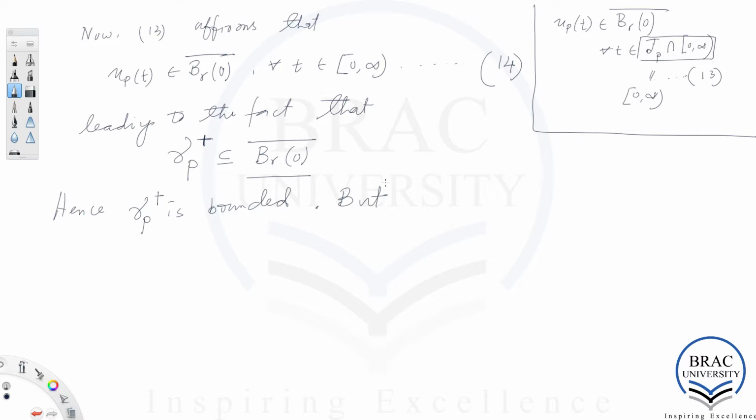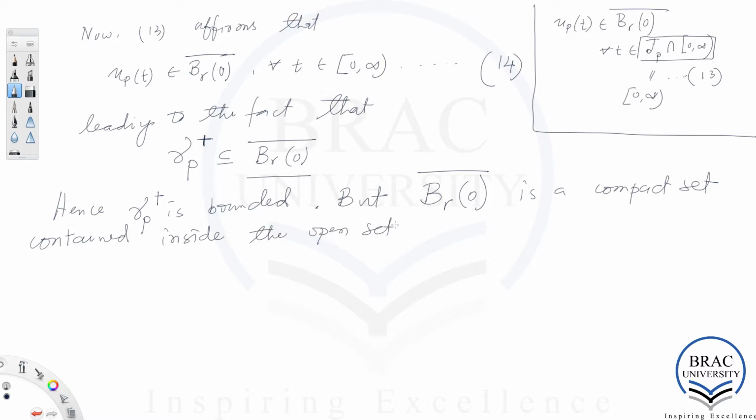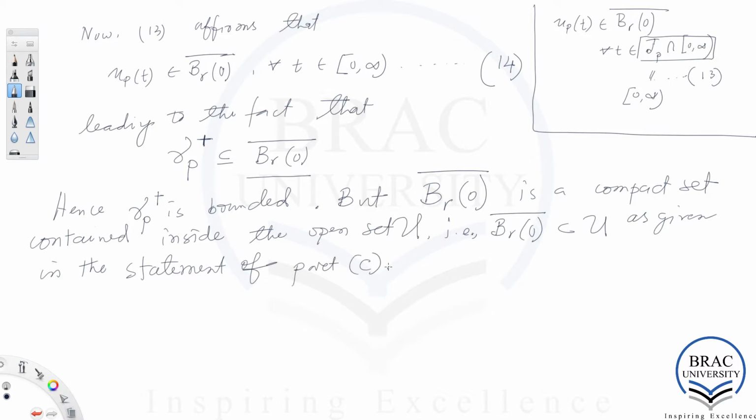But this closure is a compact set contained inside the open set U. That follows from the hypothesis, that is, the closure of B_R0 is contained in U as given in the statement of part C. Okay?